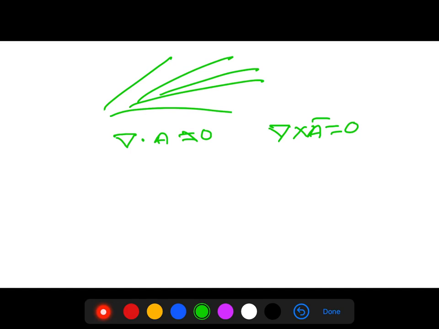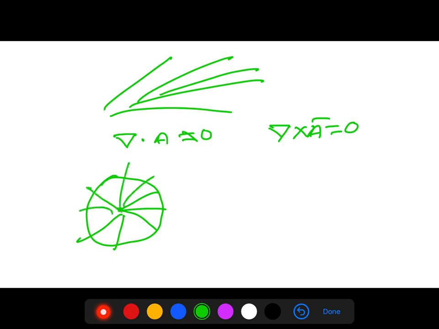The examples of such fields are gravitational fields inside a mass, and the electric field within a volume. So for an electric field within a volume, there will be divergence but no curl. Also the uniform distribution of charge, the time independent Schrodinger equation, etc.